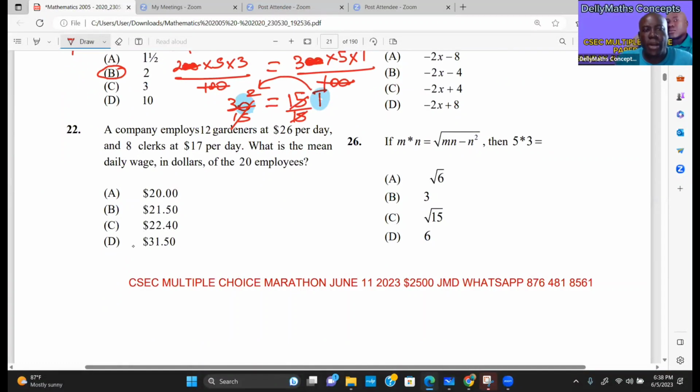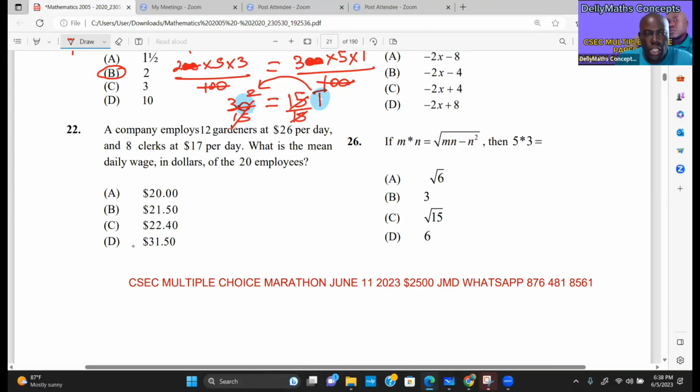A company employs 12 gardeners at $26 per day and 8 clerks at $17 per day. What is the mean daily wage in dollars? A lot of people mess up this question. You want to define the mean daily wage. What you can do is work out the total amount of money.